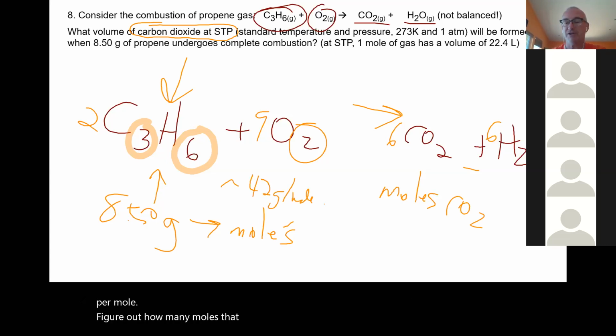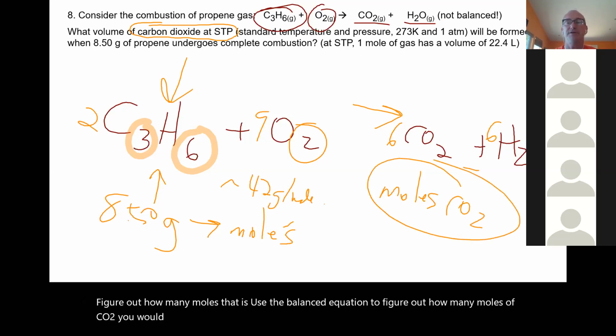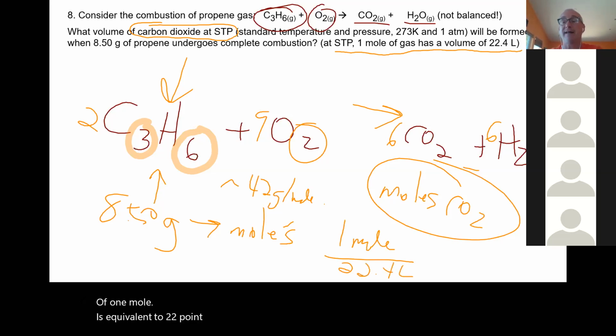Use the balanced equation to figure out how many moles of CO2 you would have. And then just use this conversion of 1 mole is equivalent to 22.4 liters. We'll learn about that later when we learn about the gas laws.